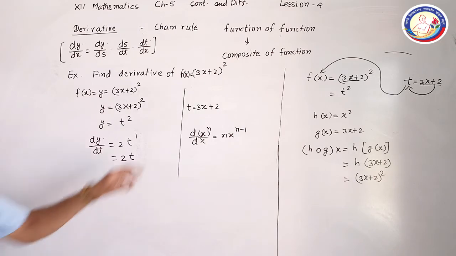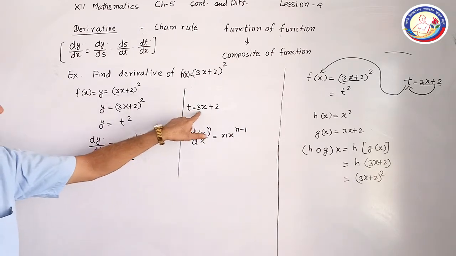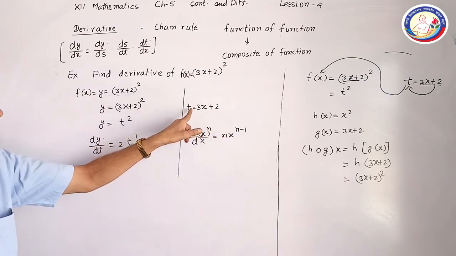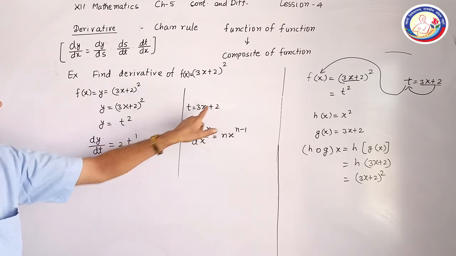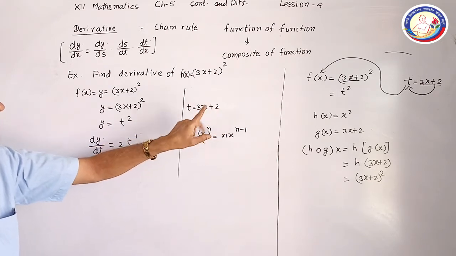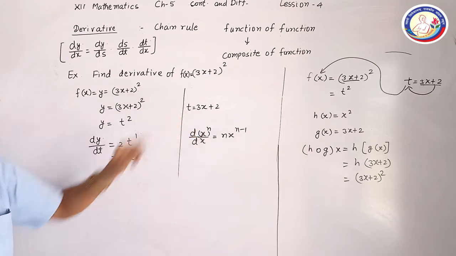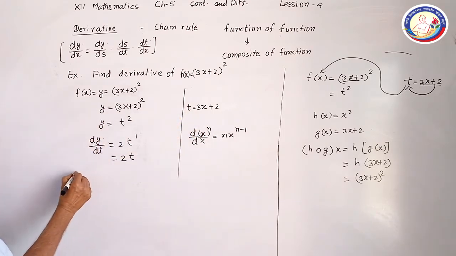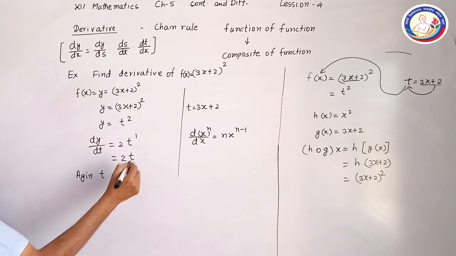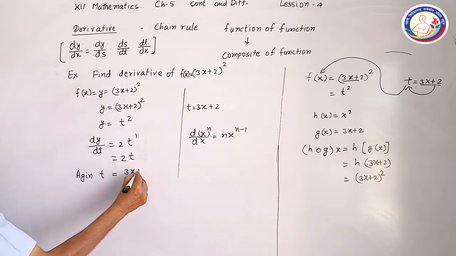Now what is the differentiation of this function 3x plus 2 with respect to x, that is dt by dx? t is equal to 3x plus 2.